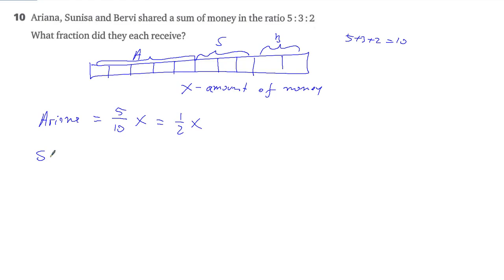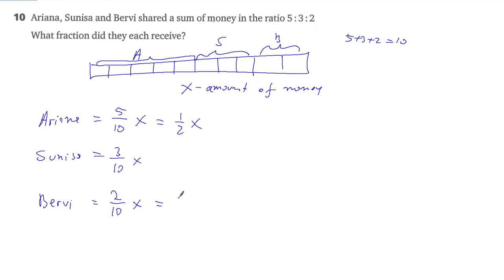Then Sunisa will have 3 parts out of 10 of that money. So that's 3 out of 10. Well, we can't simplify it further. The last one, Bervi, will have 2 out of 10 of that money.